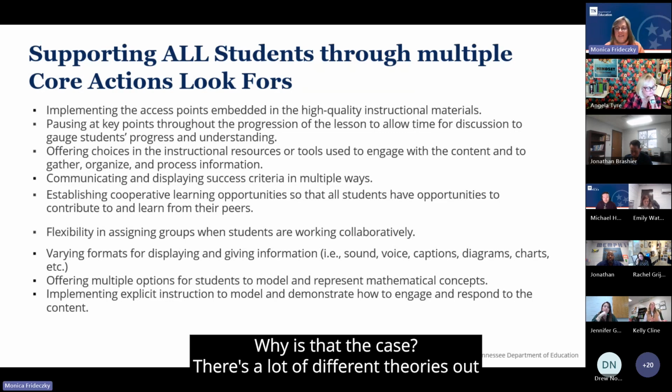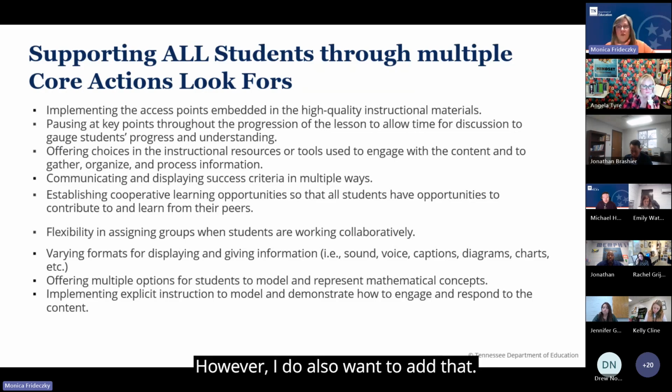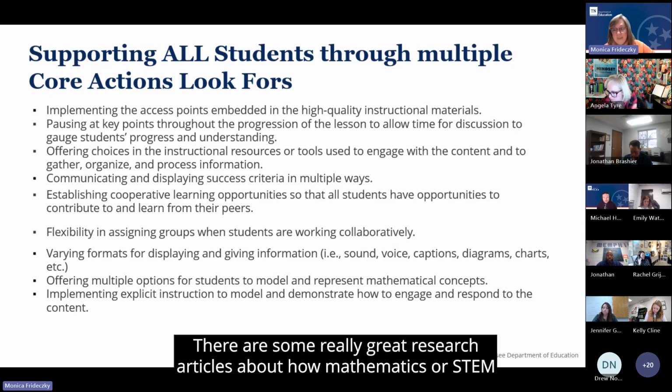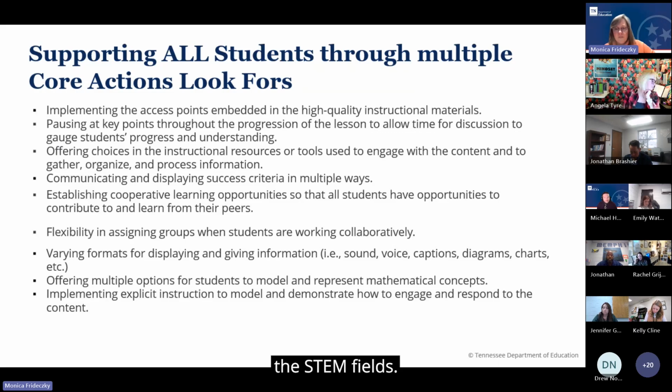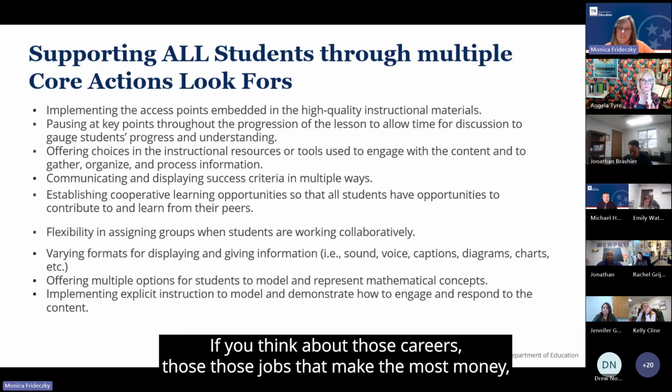Why is that the case? There are a lot of different theories out there, and good ones, for why that happens. However, I do also want to add that there are some really great research articles about how mathematics, or the STEM fields, are one of the key ingredients for exiting the cycle of poverty.